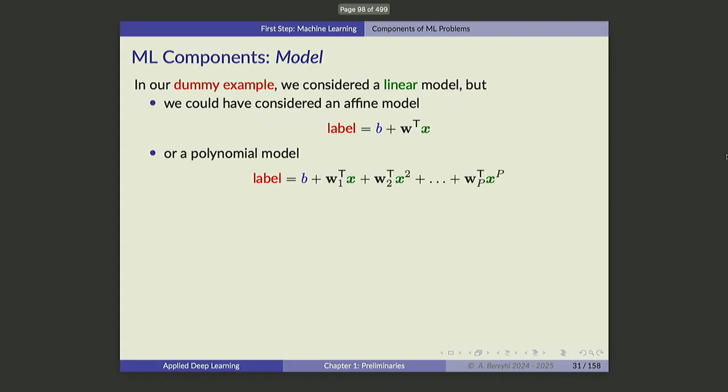I could even think about a more complicated form of function, right? I could consider a polynomial function, meaning that every single sample that I get, I just compute its second power and third power and so on to take it to power p, and then I just compute this linear expansion. All right?